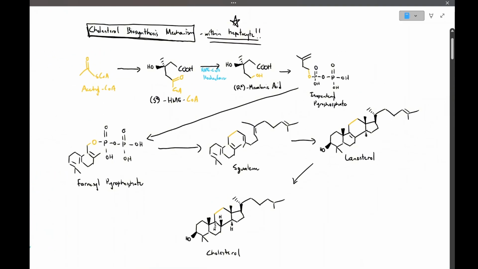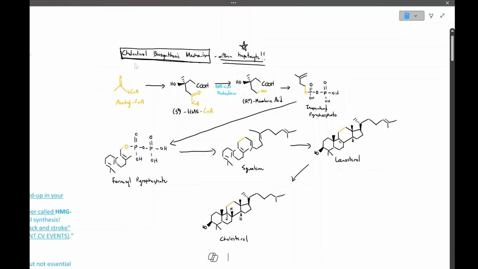So we can see here in this cholesterol biosynthesis mechanism, this happens within the liver cell or the hepatocyte, where acetyl-CoA is converted to HMG-CoA, which is then converted to mevalonic acid through HMG-CoA reductase, which is the key molecular target of statins.